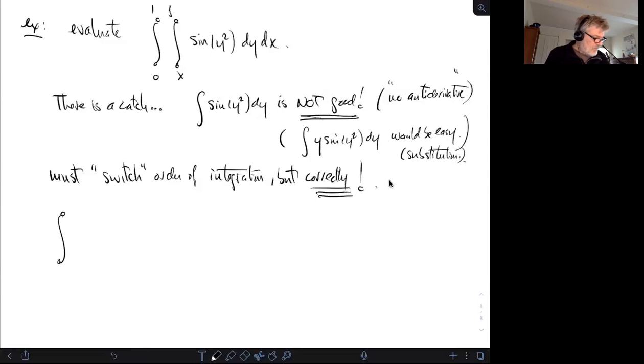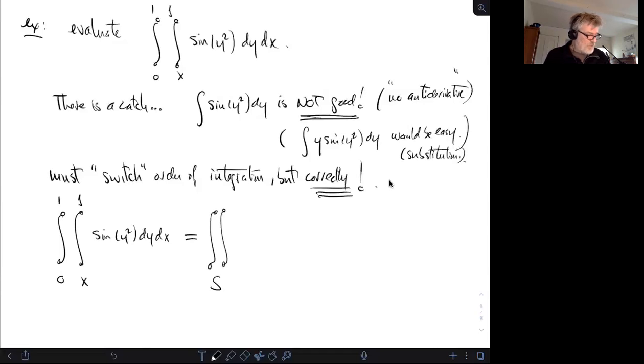Integral 0 to 1, integral x to 1, sine of y squared dy dx. What is that? That's the double integral over a certain region S of sine of y squared. What is S?